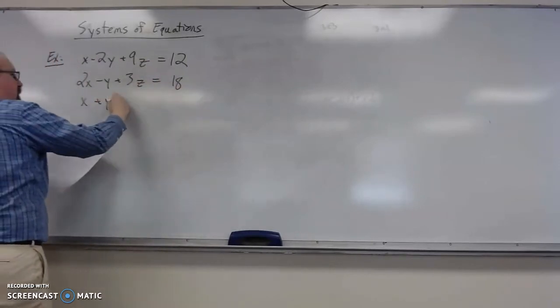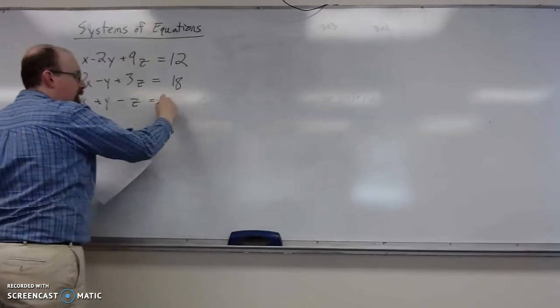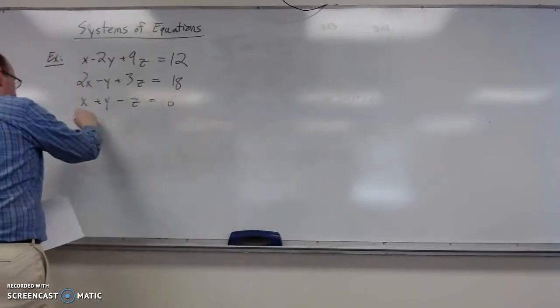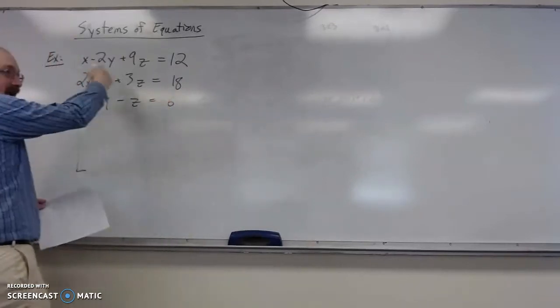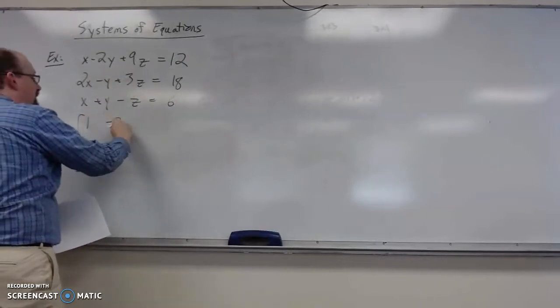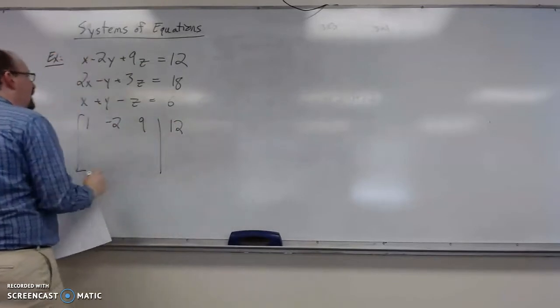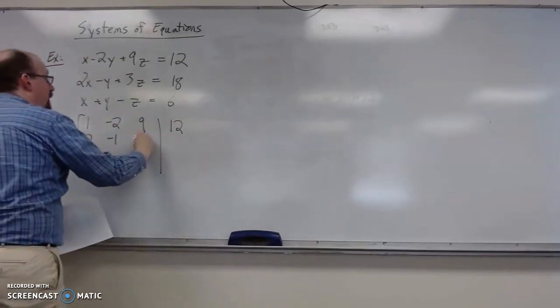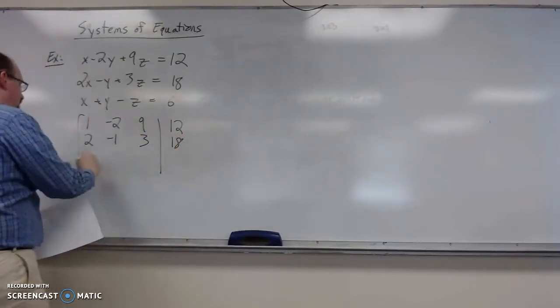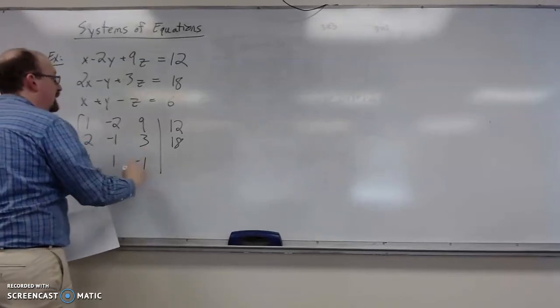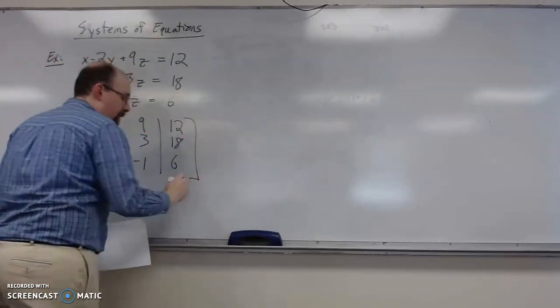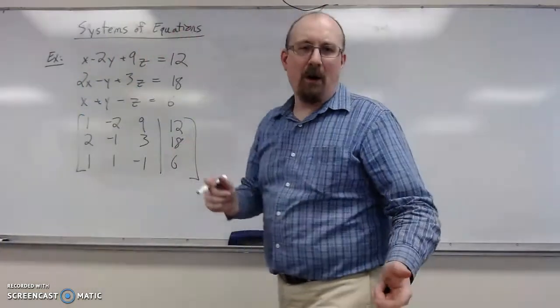And then x plus y minus z equals 6. All right, so when we do the conversion, again, we just rip out the coefficients: 1, -2, 9, and 12 over there. 2, -1, 3, 18. 1, 1, -1, 6. Okay, so there's our augmented matrix.